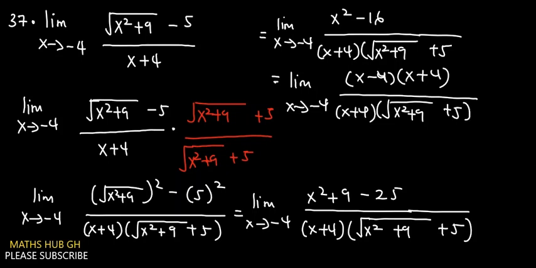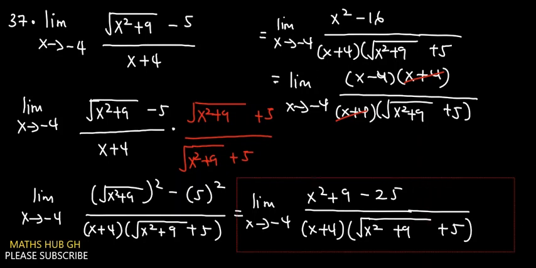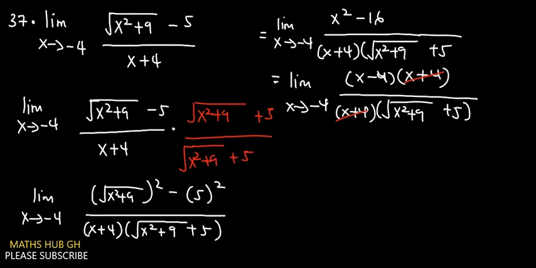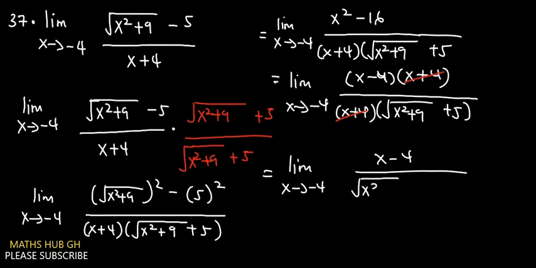So now you will see that we can cancel out the x plus 4, right? So now we have the limit as x approaches minus 4 for x minus 4 divided by the square root of x squared plus 9 plus 5.